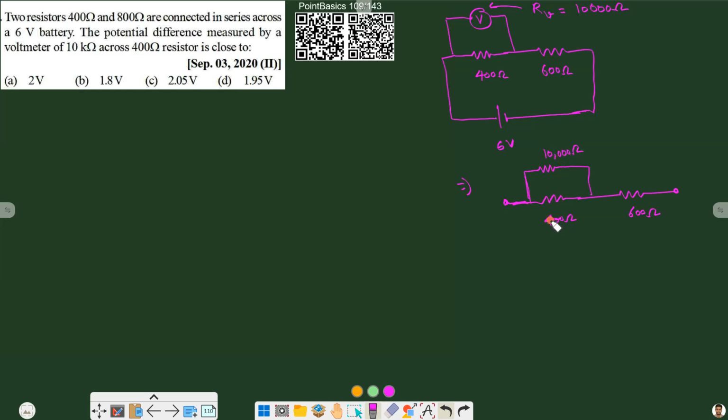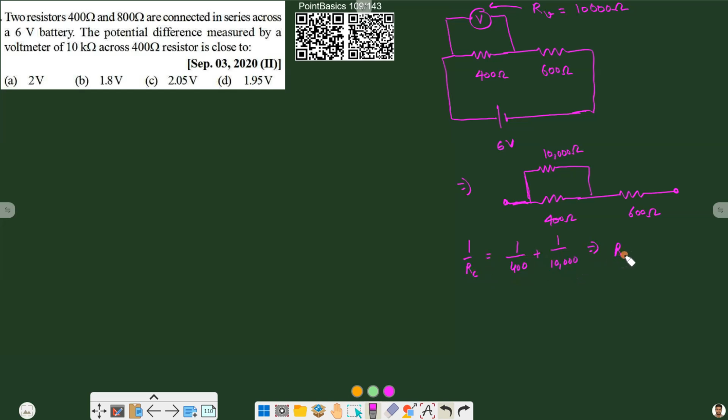Now this 10,000 and 400 both are in parallel. So we have to find their combined resistance. Their combined resistance will be 1 by 400 plus 1 by 10,000, that is equal to RC, the combined resistance.